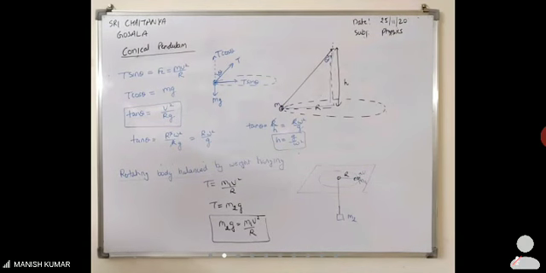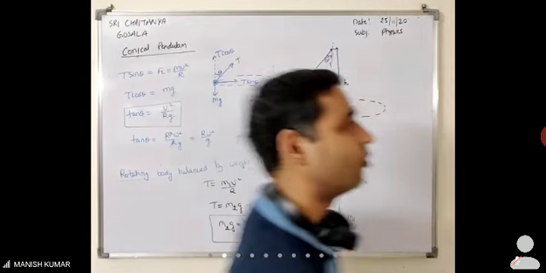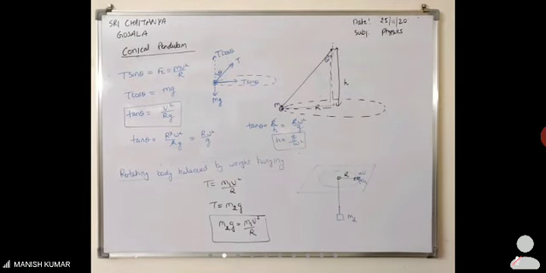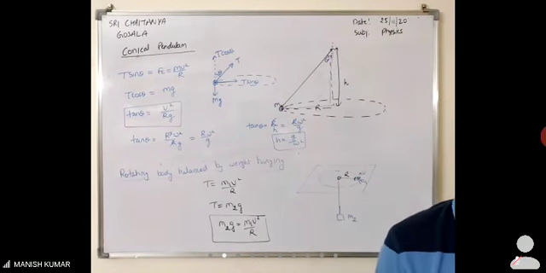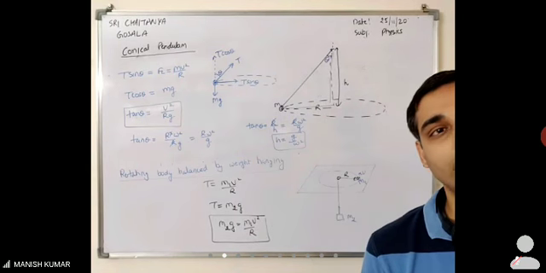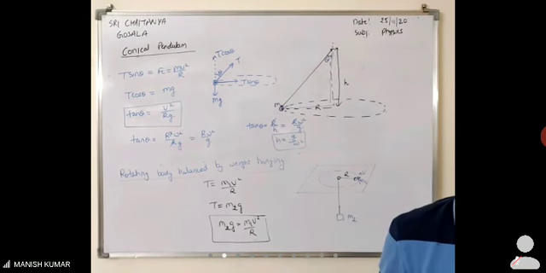Write down. These are some of the cases in which some force is responsible for providing the centripetal force. There are many more cases. I have just given you a few of them.